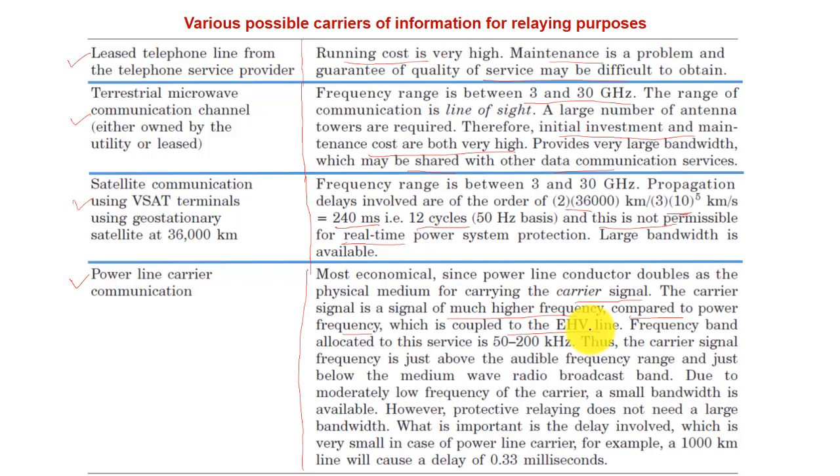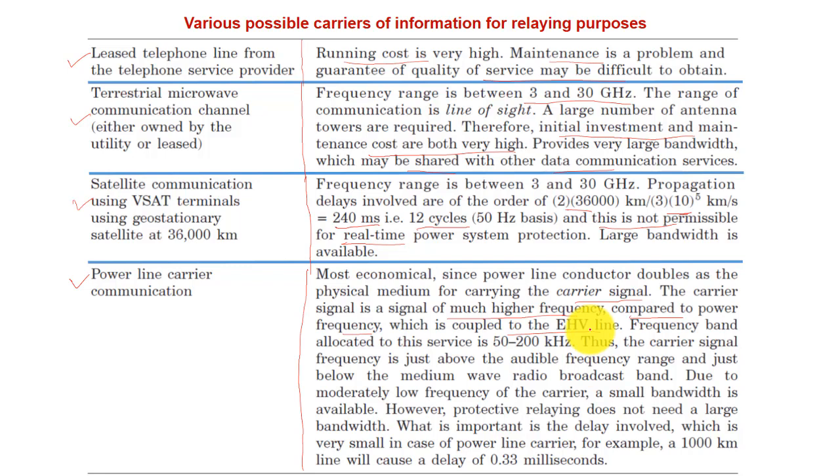So, in this scheme the carrier signal is coupled with the ESP line itself, like I have shown you in the classes when I was discussing the potential transformer, the CVTs. In the CVTs I have shown the carrier wave traps.